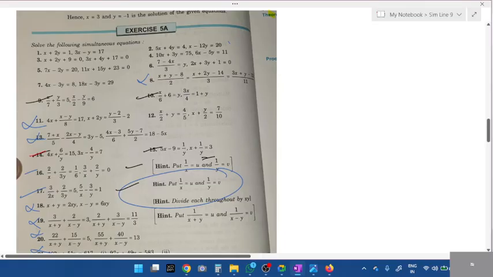So ma'am had given this question for revision, I guess. Sixth one. Okay, you can use substitution or elimination, students. You can try that. I'm going to do the 16th and 17th. I'll do the 17th question.